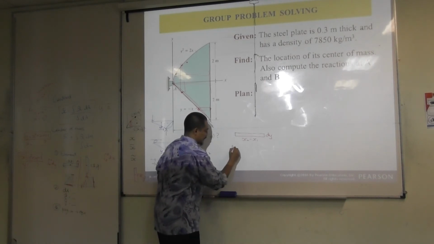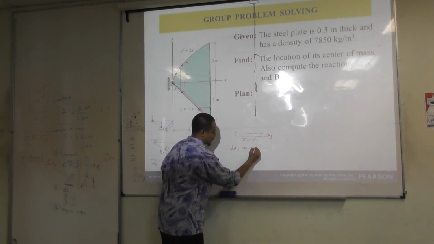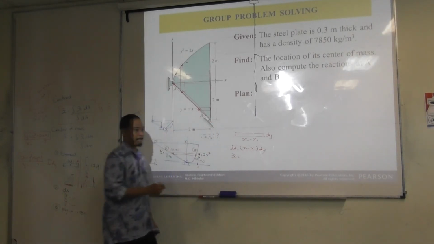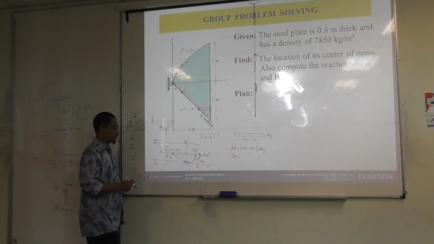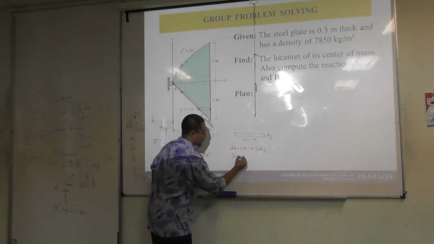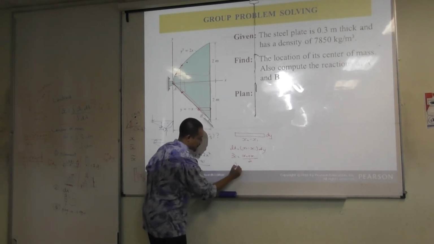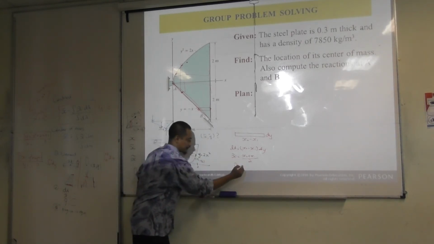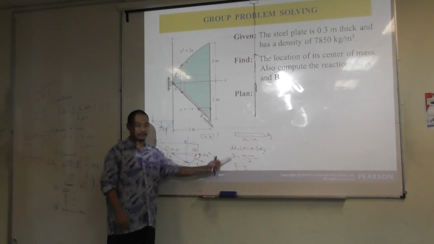So in this case, dA will be x2 minus x1 dy. What about x wave? Average means x2 plus x1 over 2. Y wave? It's the same y drop, right? Up to this point, any question?